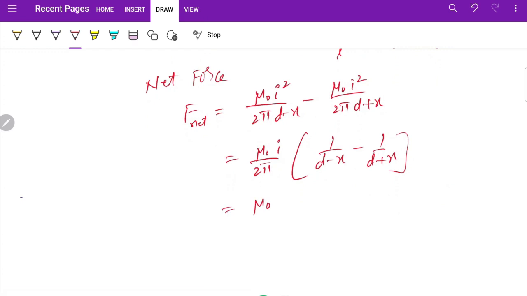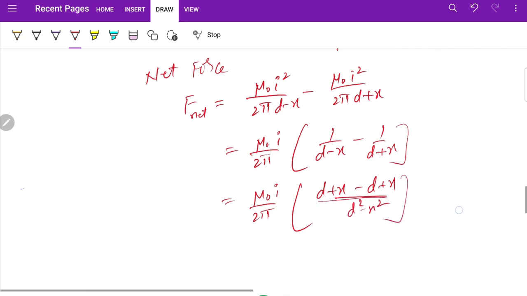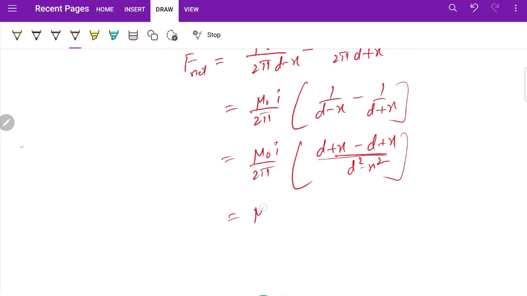So now if I simplify this, I get 2x by d square minus x square.